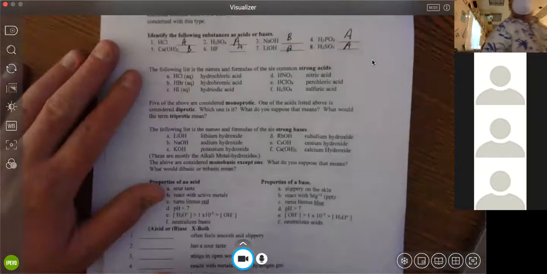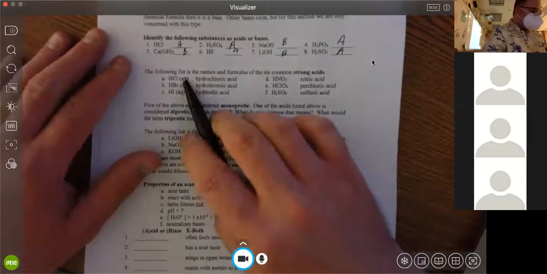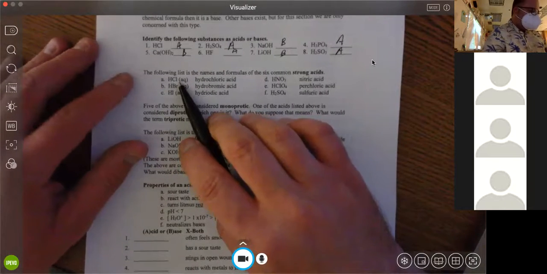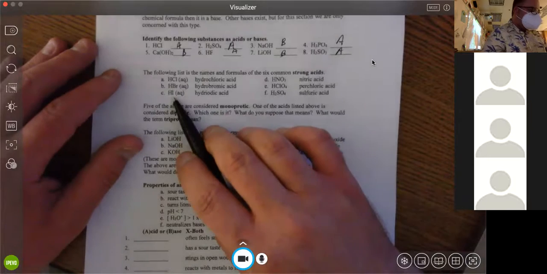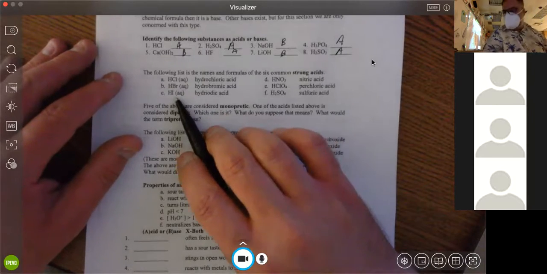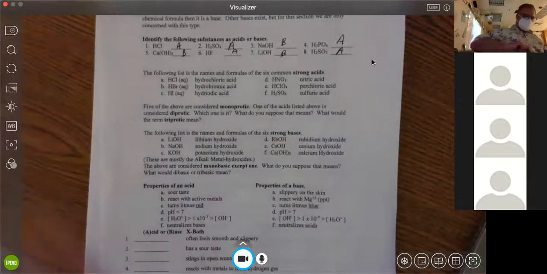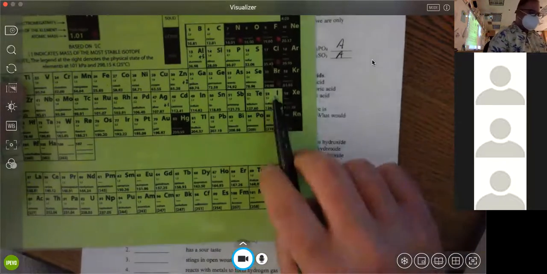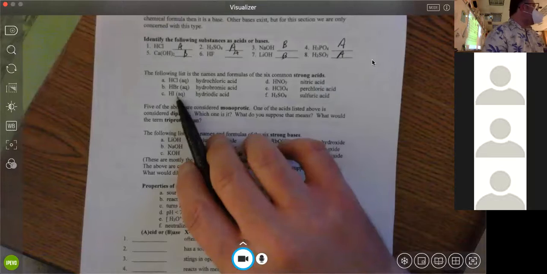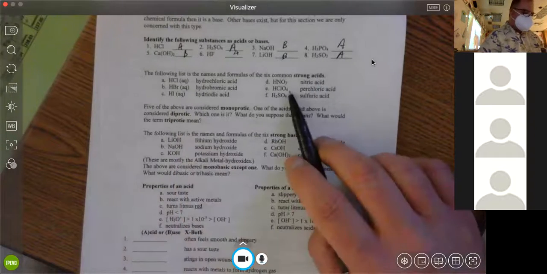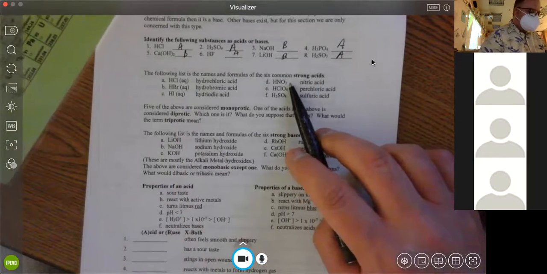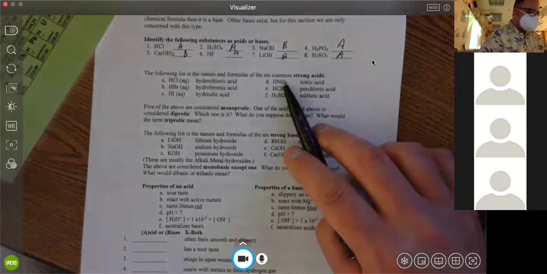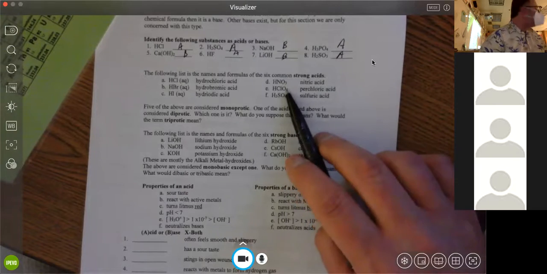Here's something that needs to be memorized. These are known as the 6 strong acids: hydrochloric, hydrobromic, and hydroiodic. If we look where they are on the periodic table, chloric, bromic, iodic, there are the 3 halogens right here. They are 3 of the strong 6. The other 3 are the -ates: nitrate, sulfate, perchlorate.